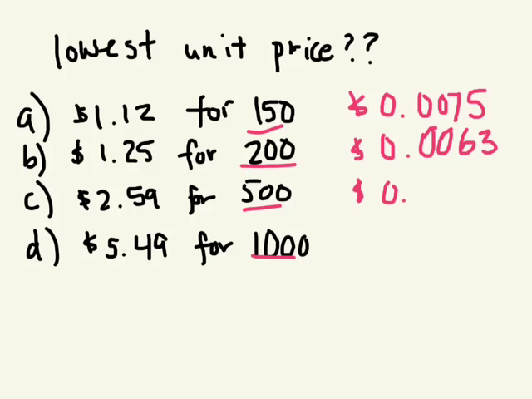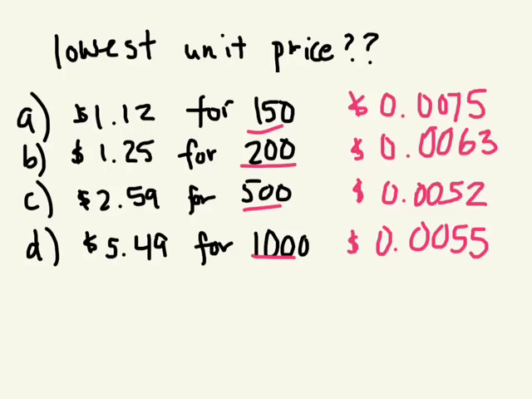Celeste? 0.005, 2 when we round it. And the last one, $5.49 divided by 1,000. Round it off to 4 decimal places. 0.0055. Good, we round it off.